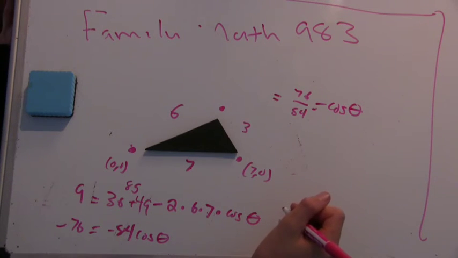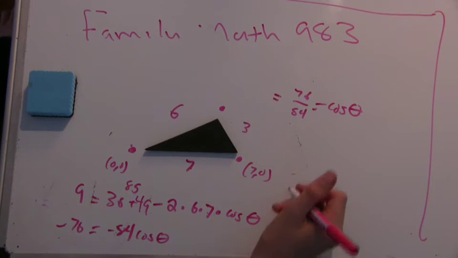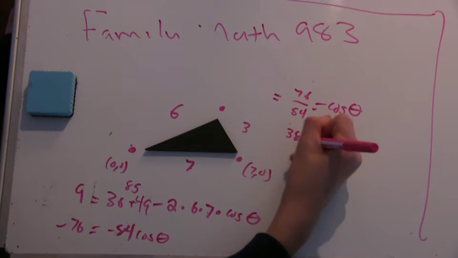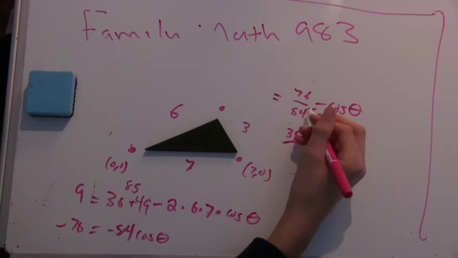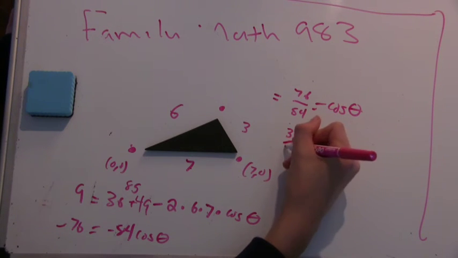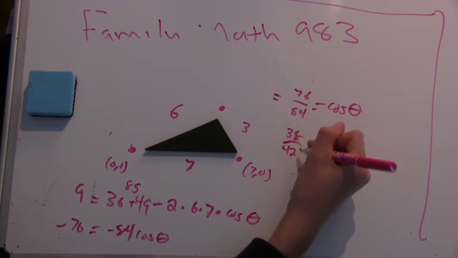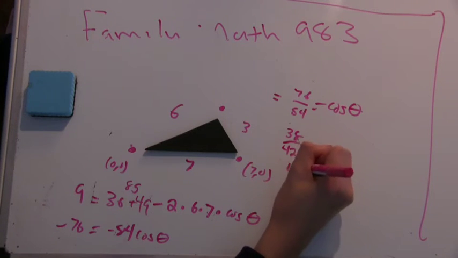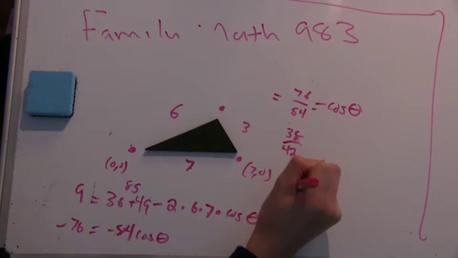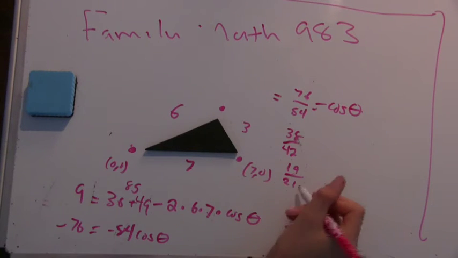What's 76 divided by 2? That is 38, so 38 over 42. And that can also simplify to be 19 over 21. Yes, 19 over 21 is cosine of theta.